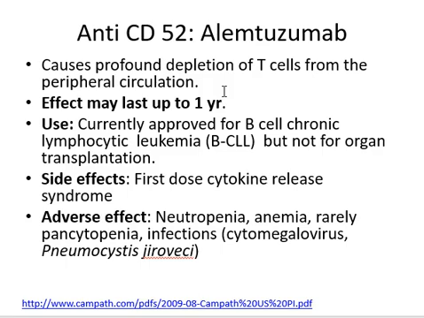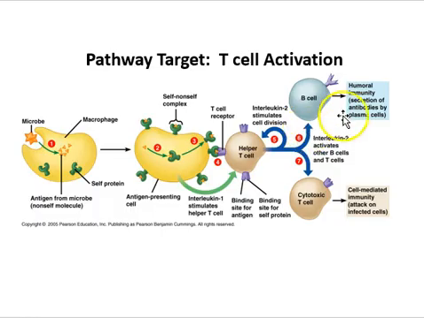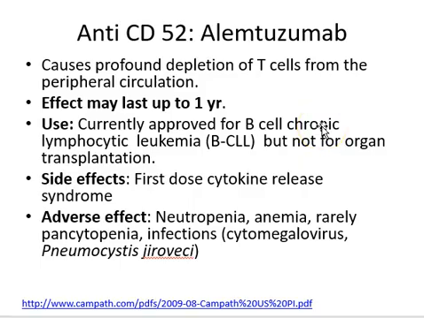Okay. One could argue, why would you use a T cell suppressor for a B cell lineage type of disease? Well, go back here. What's producing the B cell activity is actually T cell dependent. Okay, so that's the justification here.